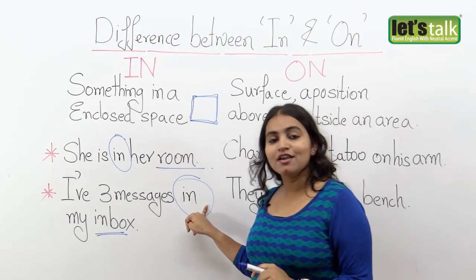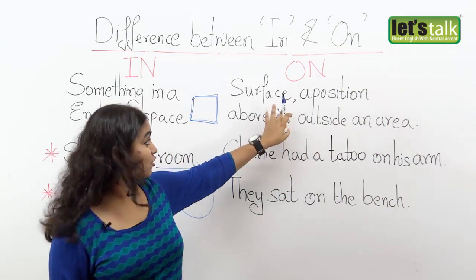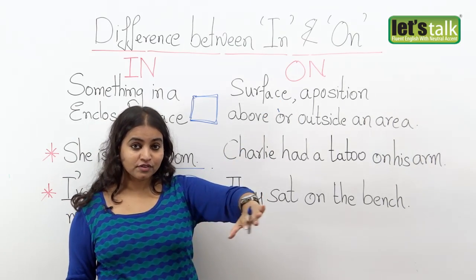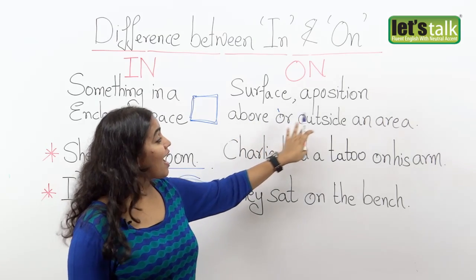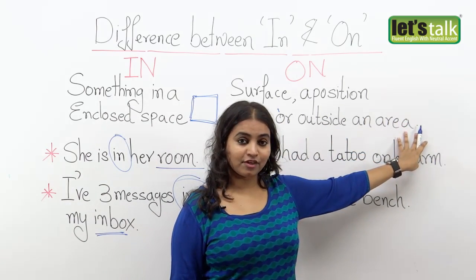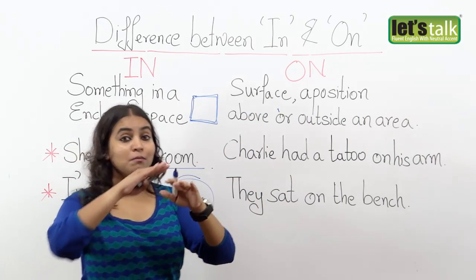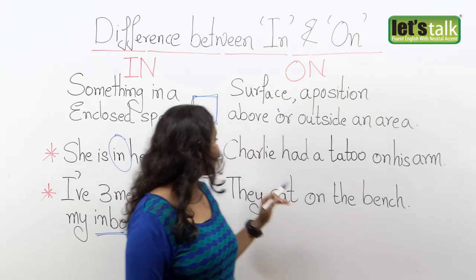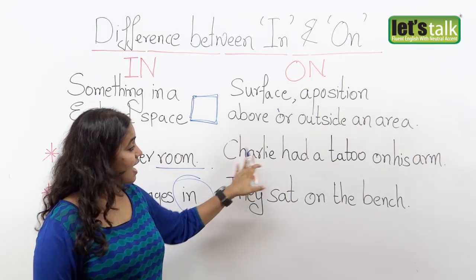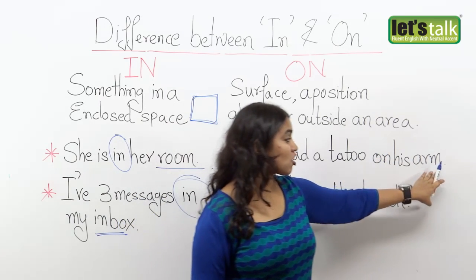On the contrary, I will use on when I'm talking about a surface, a position above or outside an area. Let's see how. Charlie had a tattoo on his arm.